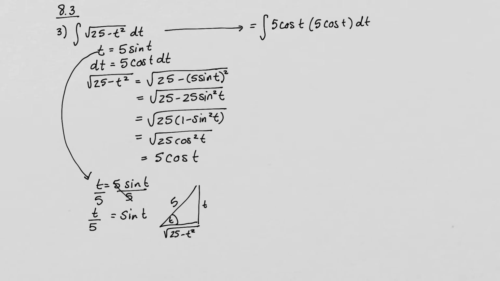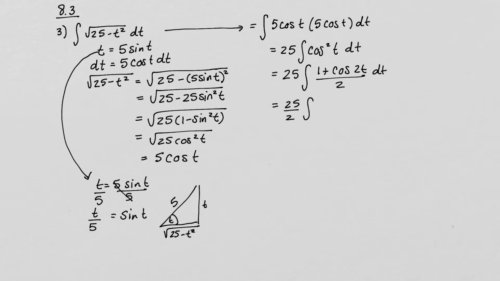And so in this case, we end up with 25 times the integral of cosine squared t dt. To integrate cosine squared t, we're going to have to use the half angle identity. So 25 times the integral of 1 plus cosine of 2t all over 2 dt. I could factor that 2 out. So 25 over 2, the integral of 1 plus the cosine of 2t dt.